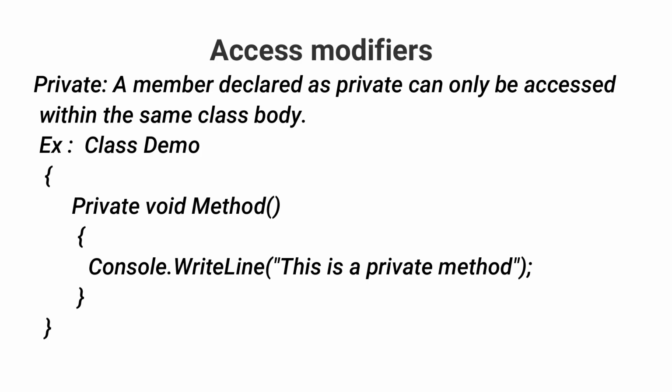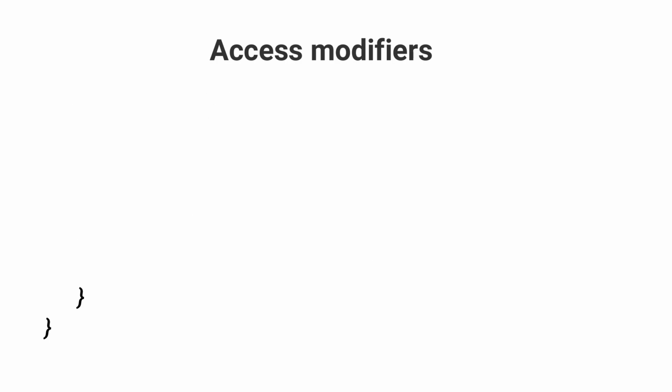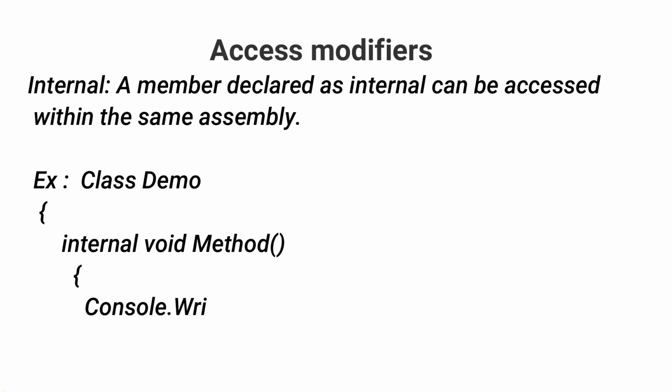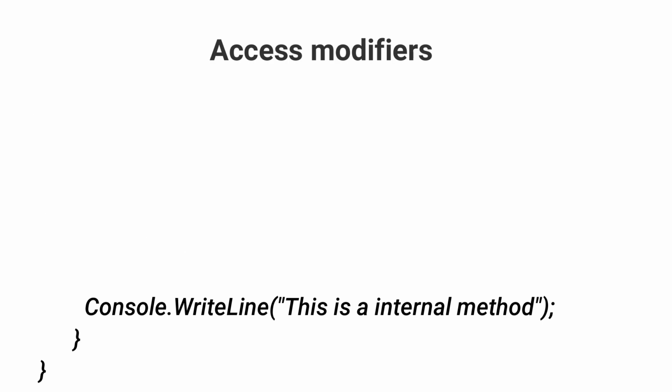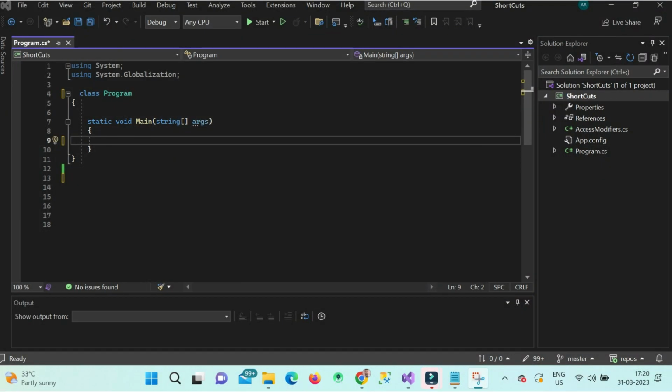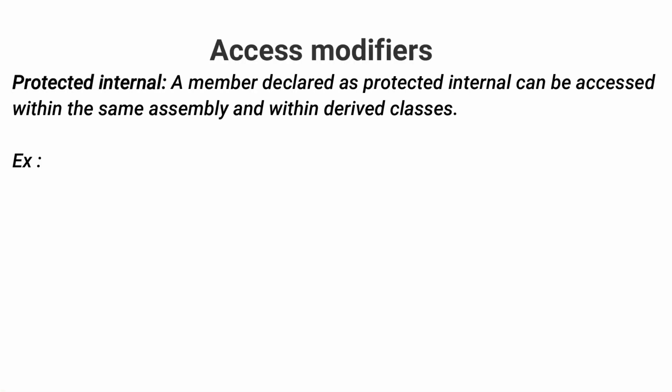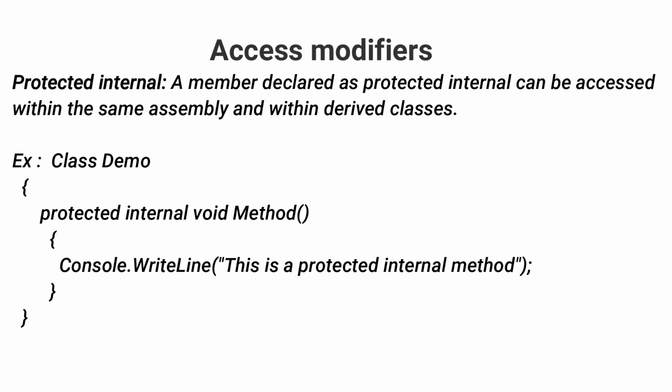That is your private. And internal. A member declared as internal can be accessed within the same assembly. Fine. That is internal. And what is protected internal? A member declared as protected internal can be accessed within the same assembly and within derived classes. Fine.